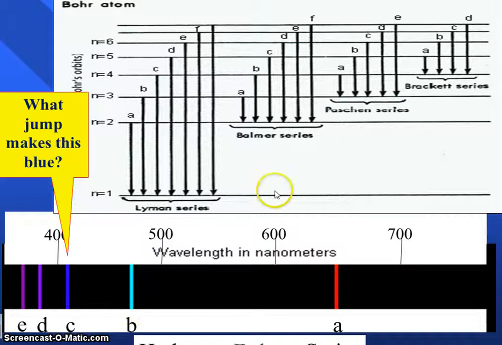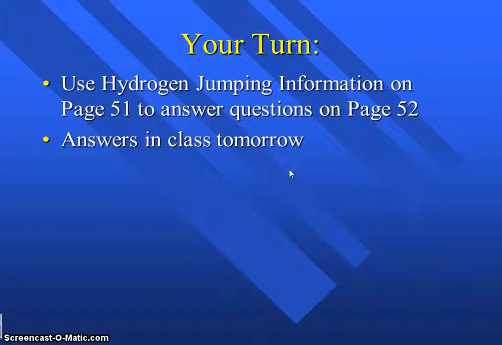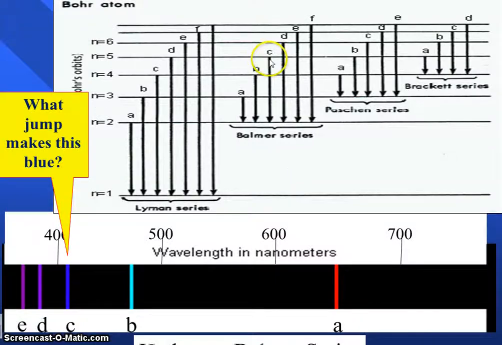So we go to the arrows, we find the Balmer series, and we find the arrow labeled C, and we can see that C in the Balmer series is a jump from level 5 to level 2. So we've answered that question. When it jumps from 5 to 2, it always makes a blue light. And again, this is only good for hydrogen.